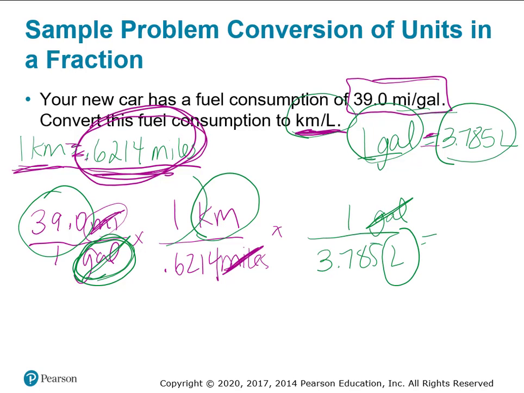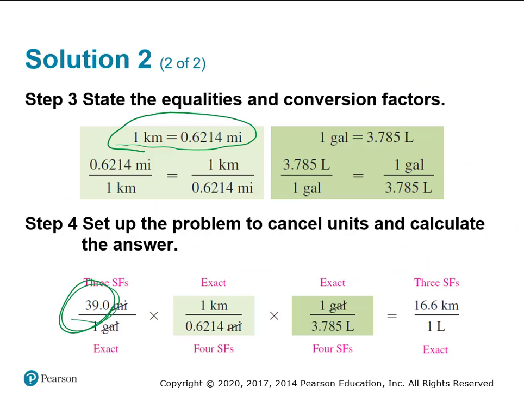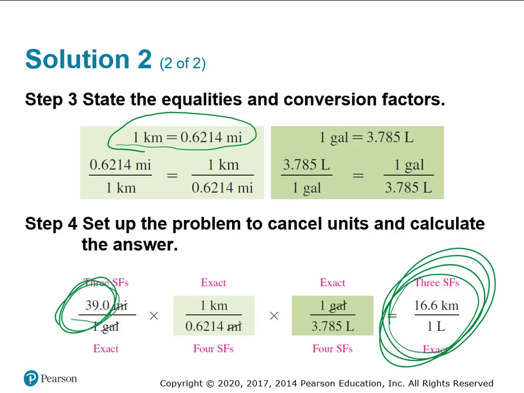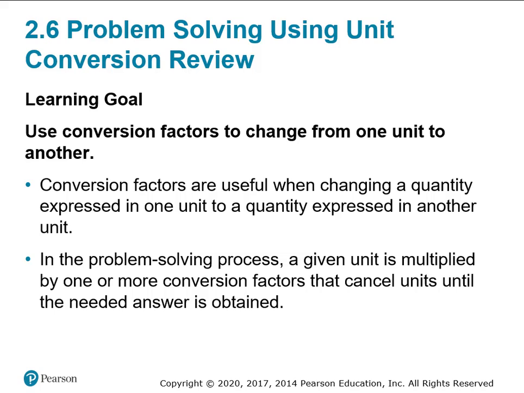So 39 times 1 will give me 39. And then I need to do 1 times 0.6214 times 3.785, finishing with 3 significant figures, since that's what I started with, to get 16.6 kilometers per liter. And again, make sure that you plug and chug and that you rounded correctly. Check over the learning goal to make sure that you feel comfortable.